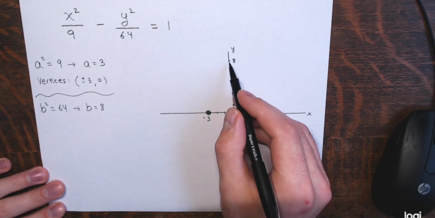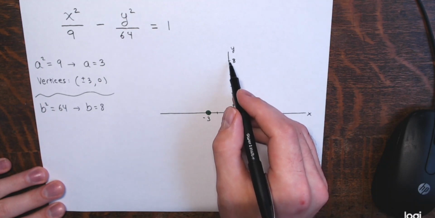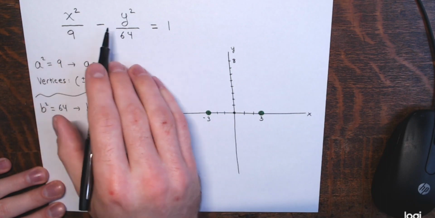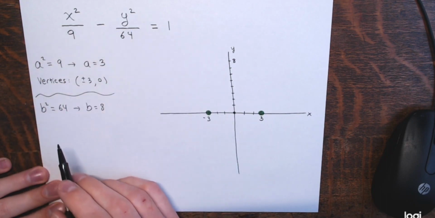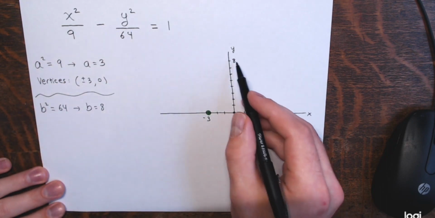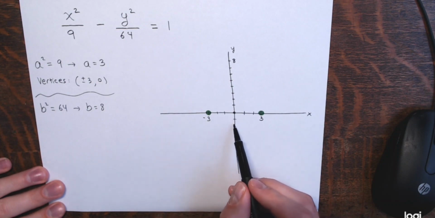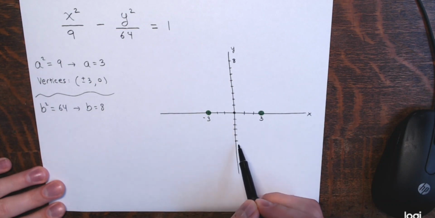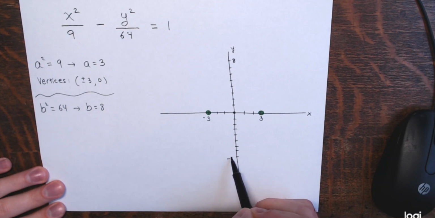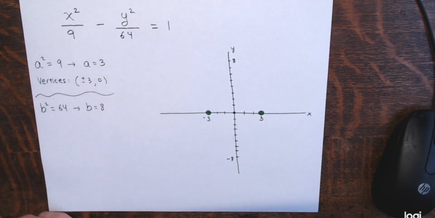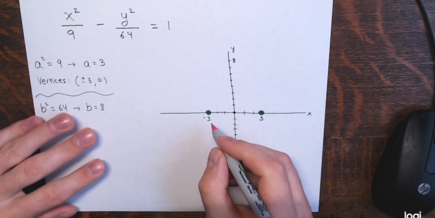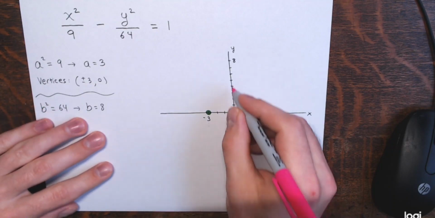They have it in their graphs as a co-vertex, but that's not a solution. If x were 0 and y were 8, you'd have 0 minus 1 equals 1. That's not true. But it is going to help me form the graph, the asymptotes. So 8 units above the center, 8 units below the center, and then I'll form that little box with a width of 6 and a height of 16 here.